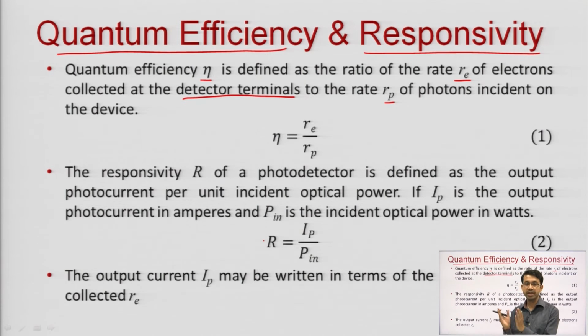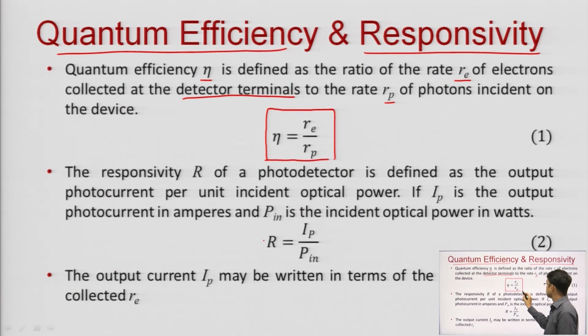So, the ratio of the rate of electrons collected divided by the rate of photons falling on the device. Okay. If we denote rate of electrons by Re and rate of photons by Rp, then eta is Re upon Rp. Okay.